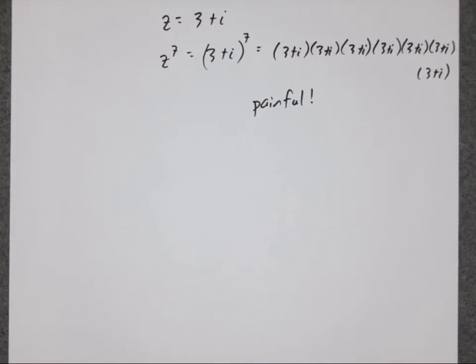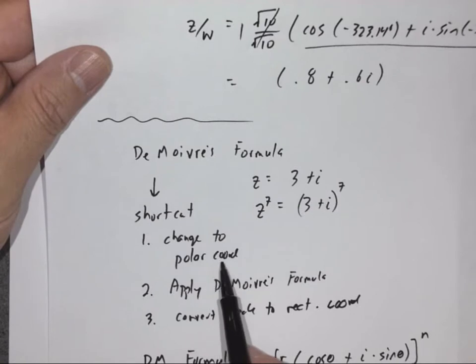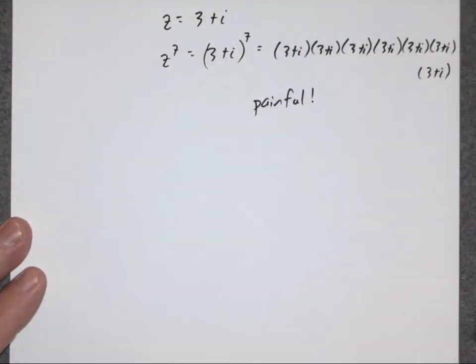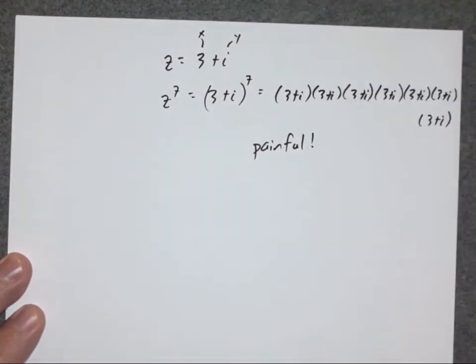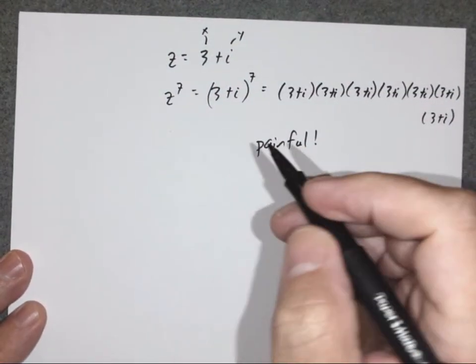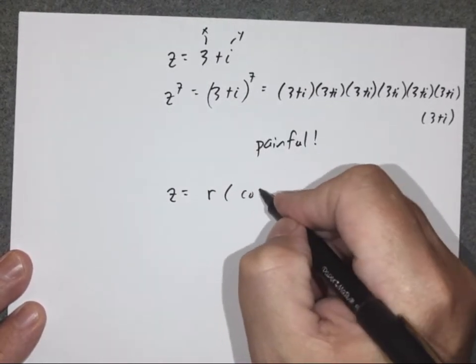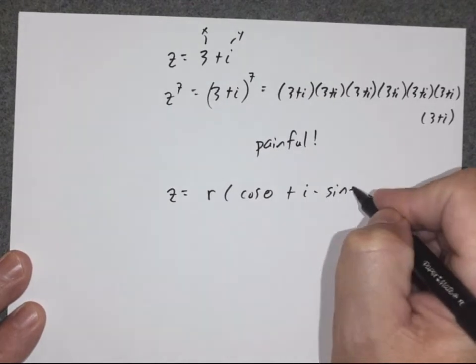However, let's try this shortcut. The shortcut says you take your complex number and you rewrite it in polar coordinates. So here's the complex number. Remember, this is like my x and my y. A complex number is going to be r cosine theta plus i times sine theta.